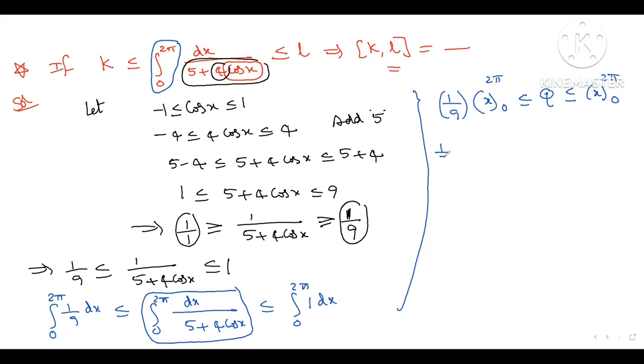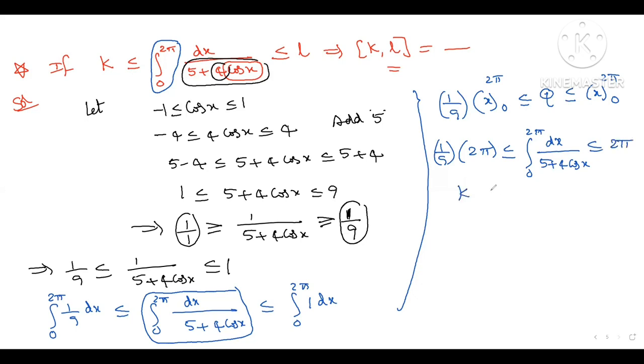What do we get here? First, replacing x by the upper limit minus the lower limit: 2π - 0 is 2π. So 2π/9 ≤ ∫₀^{2π} dx/(5 + 4cos x) ≤ 2π.